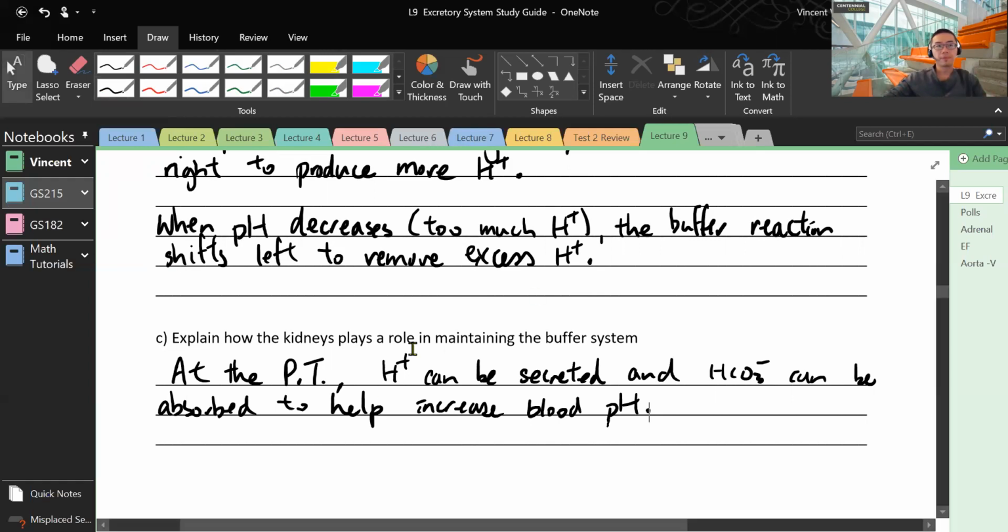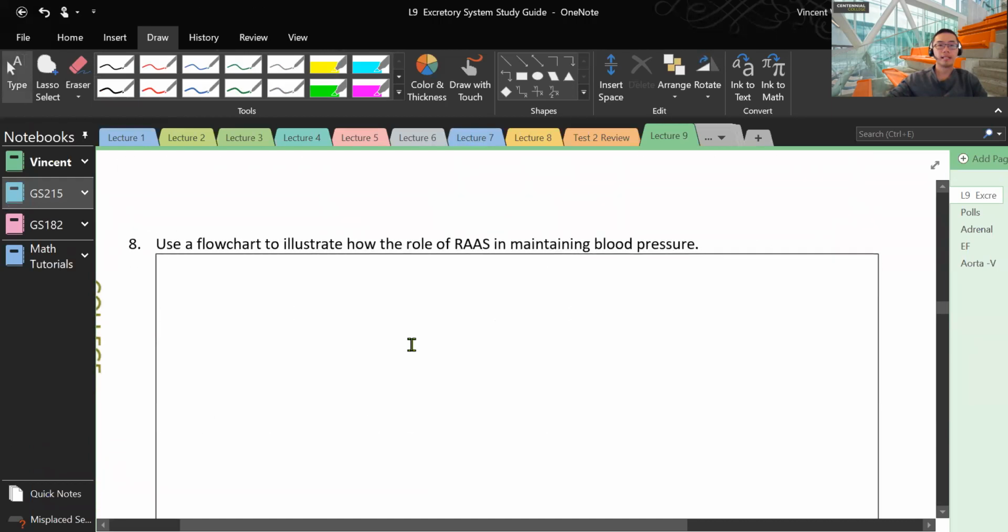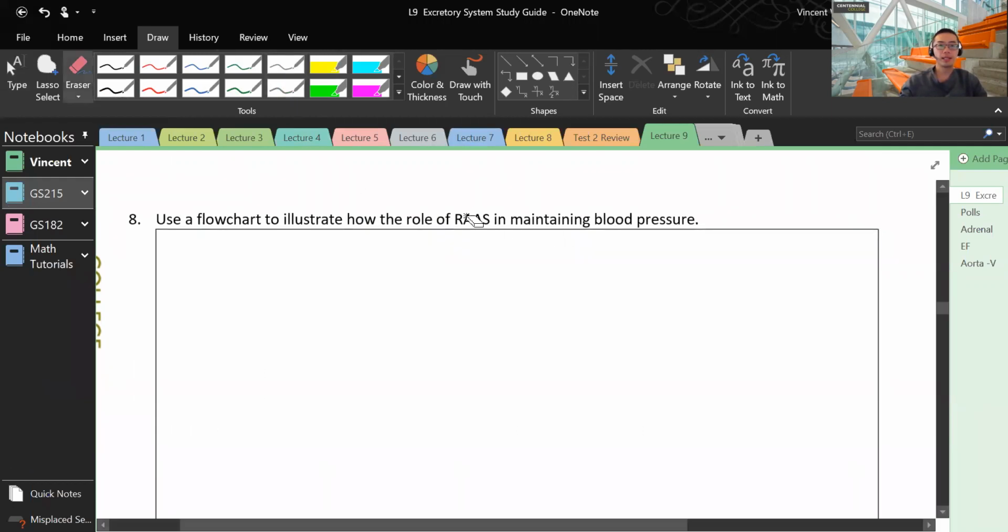Okay, moving on. I actually explained this already in the lecture recording, but given that not many of you have seen it, maybe I'll go through it again. And so there is something called the RAS, which is the renin angiotensin aldosterone system.